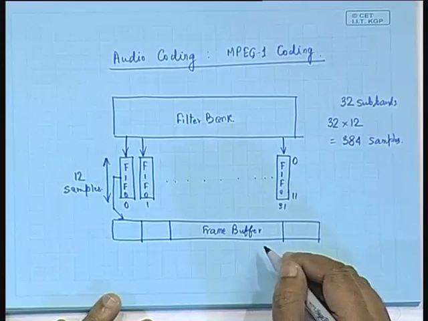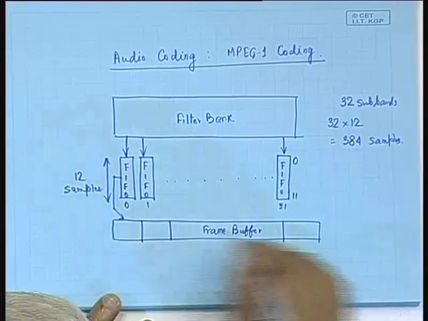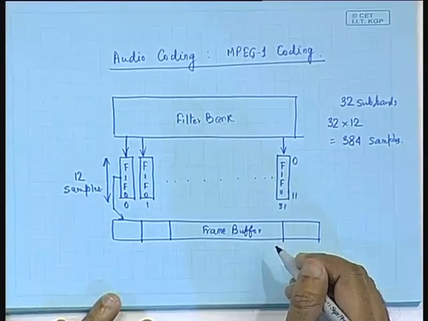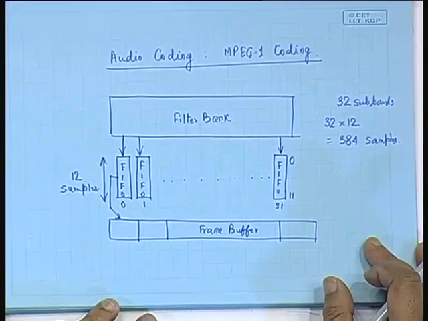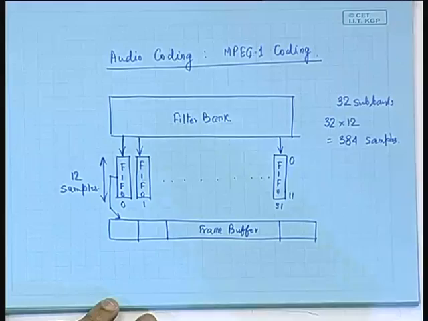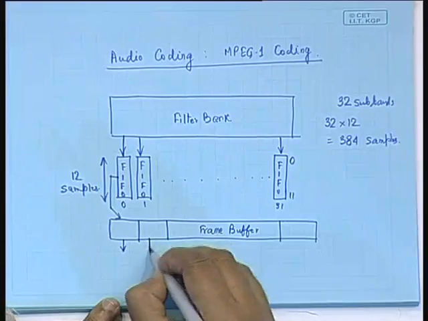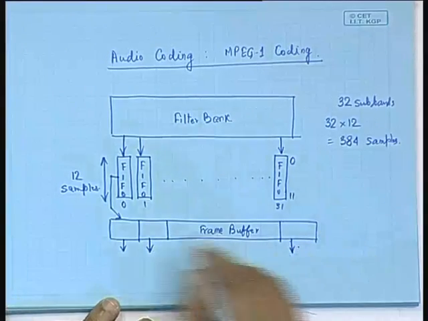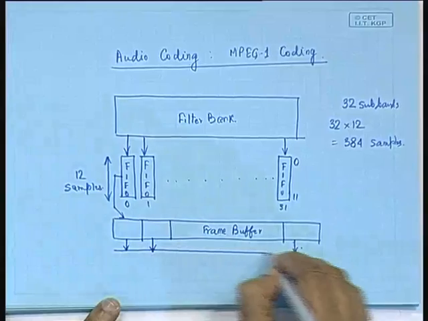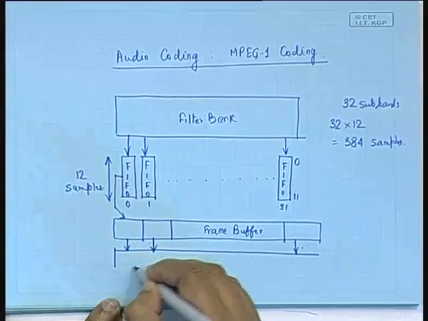Now, what we can do is find out which of this data has the highest value, and based on that we need to do some scaling on the data, so as to make maximum use of the dynamic range of the samples. So, the frame buffer is put through a scale factor.